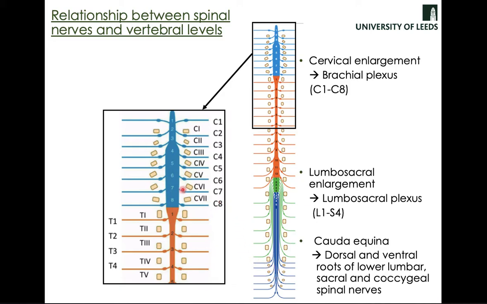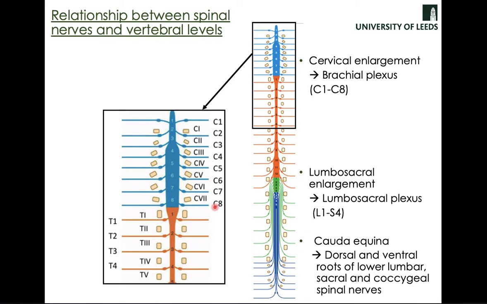Let me go back here on this focused image at the cervical enlargement. And I told you that we have 8 cervical spinal nerves. But you know from your knowledge on the vertebral column that there's only 7 cervical vertebrae. How come? Well, the C1 spinal nerve can only leave from above the C1 cervical vertebrae. We can see that the C2 nerve leaves above the C2 vertebrae.